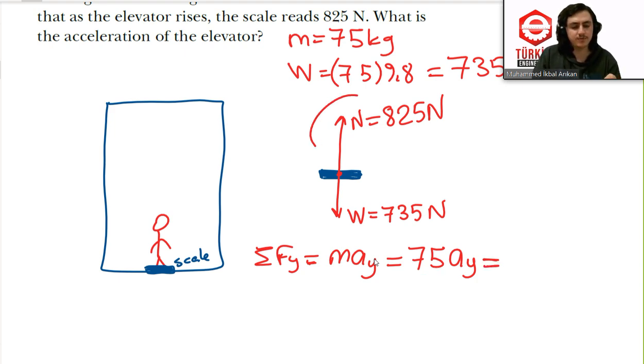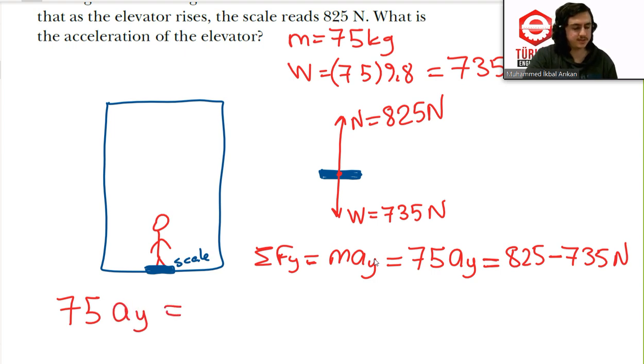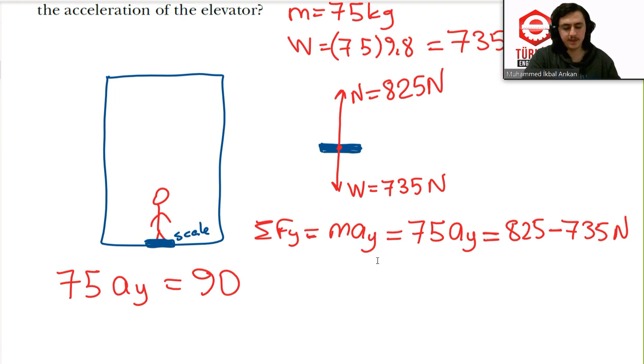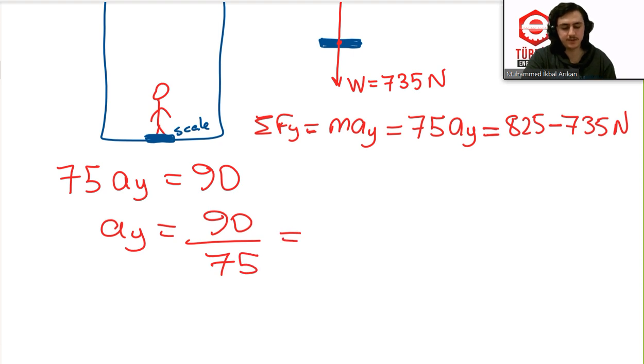I will put the net force, which is the normal force minus this one, since it's downward. So 75 times acceleration in y will be equal to just this, which is 90. Acceleration in y will be equal to 90 divided by 75, which is equal to what?